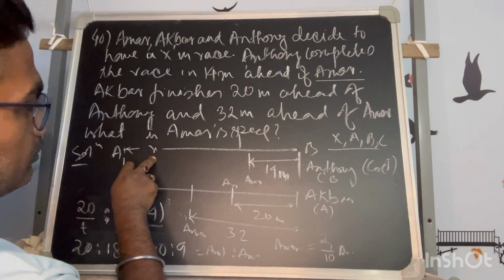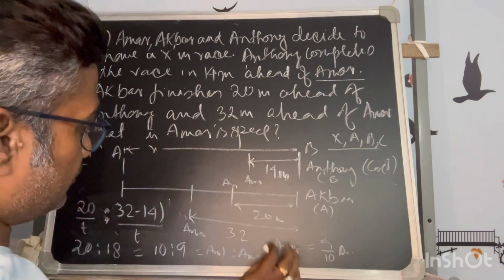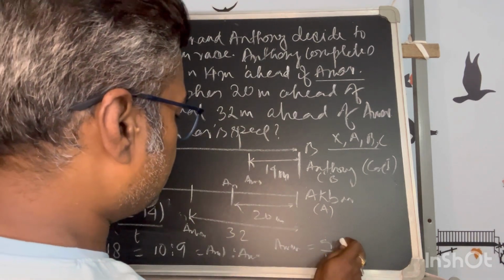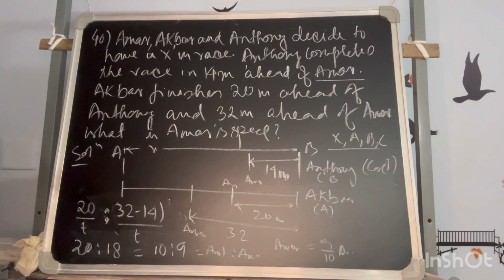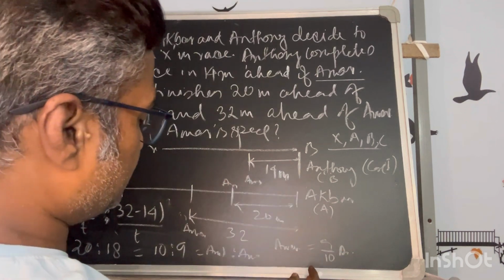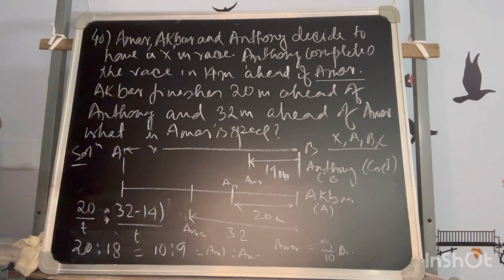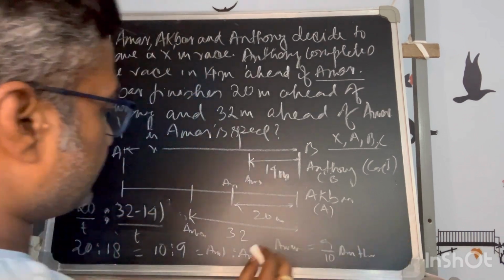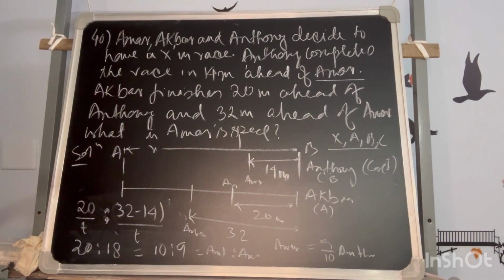Because x is unknown, I cannot calculate x, so I can represent the answer in this ratio only. So what is Amar's speed? Amar's speed will be 9/10th of Anthony's speed. That way you can represent the case.